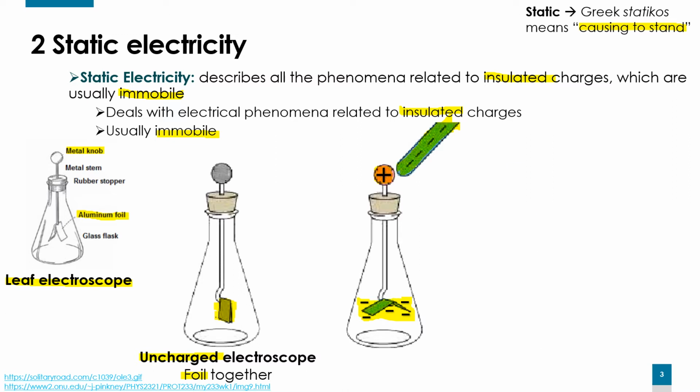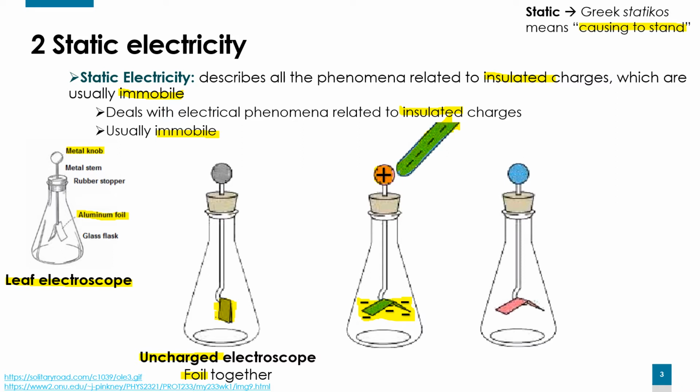Okay? Now, what if instead I touch a positive conductor? So now I have positive charge touching here. What kind of charge will be attracted to the metal knob? The negative charge. Very good. So the positive will attract the negative charge. And what's going to happen to the positive charge?